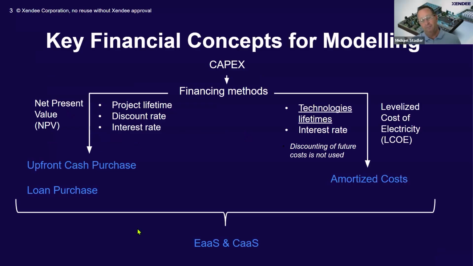So financial modeling in Xendee, and it's interesting because this topic is not really the most favorable topic of engineers doing projects. And we have observed this a couple of times that when our clients or we ourselves do modeling and analysis with Xendee, a lot of people start focusing on very, very little details on the technology side, like changes in the efficiency.